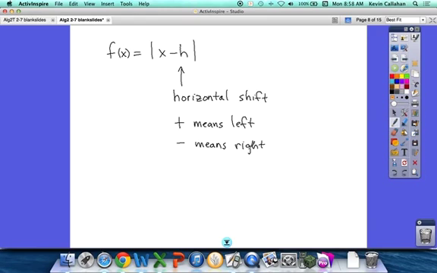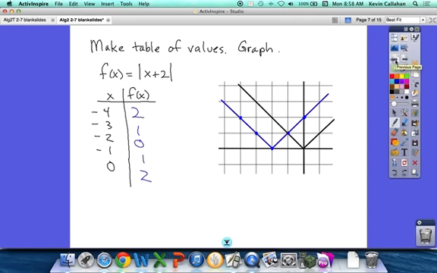Now, if you look at what we just did, f of x equals the absolute value of x plus 2. Here it says minus. So really what we've got going on here is x minus negative 2. So the value of the h is negative 2. Just go back and see: we said that the coordinates of the vertex are h comma k.